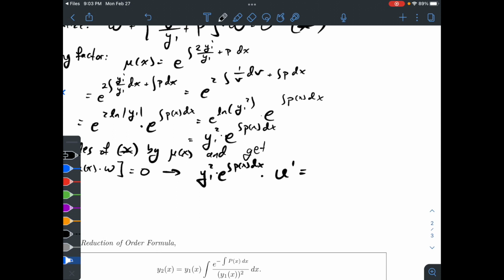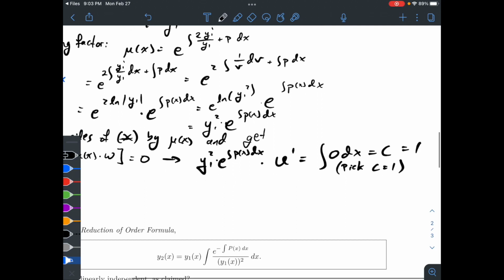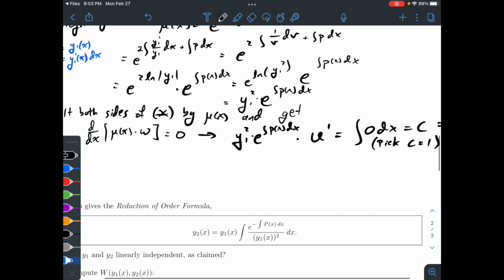And that is equal to the integral of 0 dx, which is just a constant. And we're just looking for a single solution, so we're going to pick c to be equal to 1.